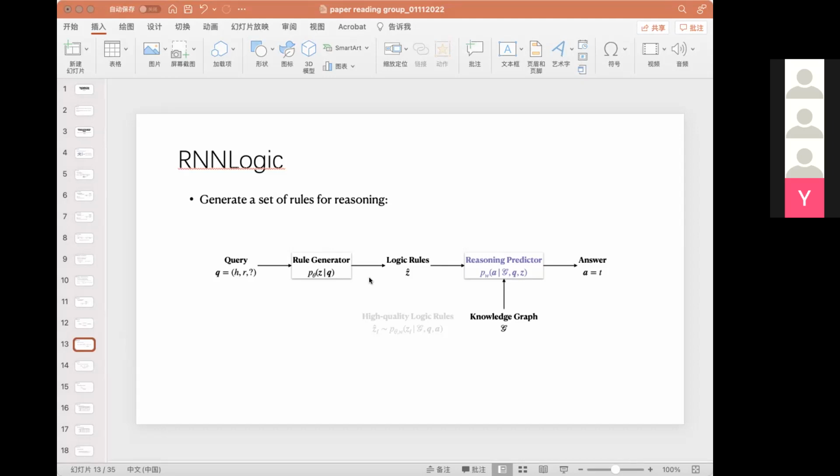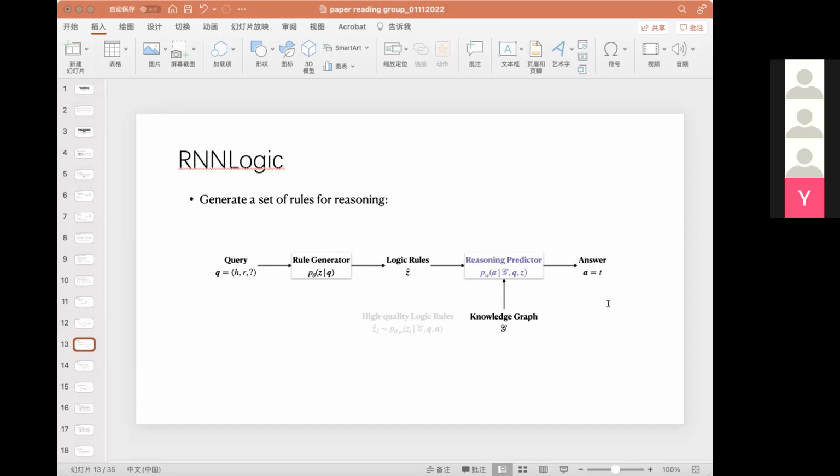And in this process, the E step is trying to learn the weight associated with all the rules, in order to identify the set of K high quality rules from all the generated rules, in order to maximize the probability for the ground truth result to be achieved.